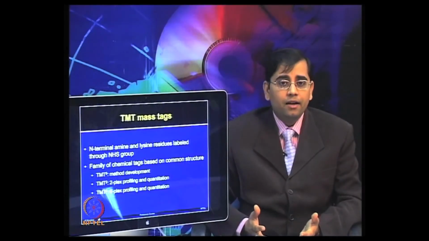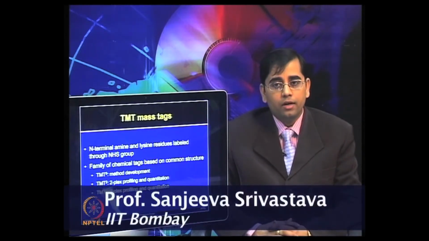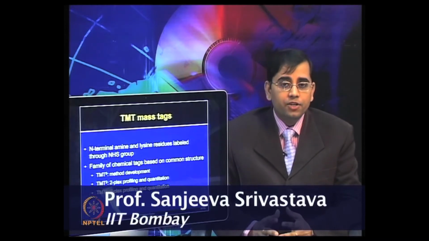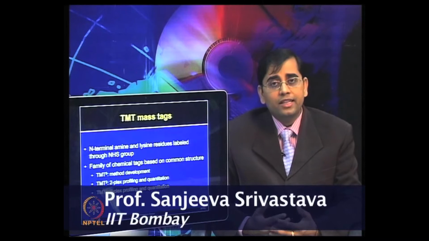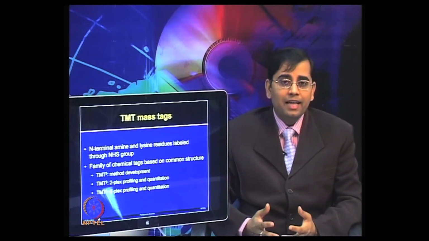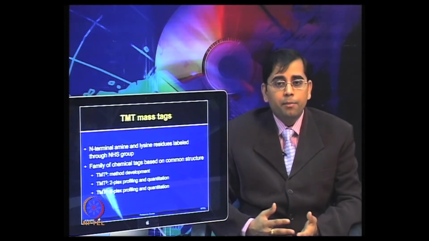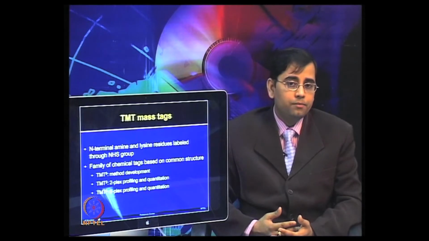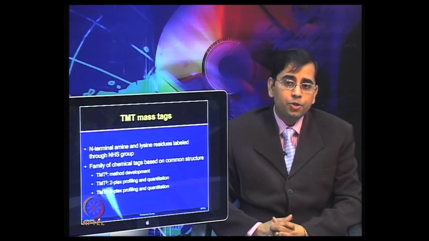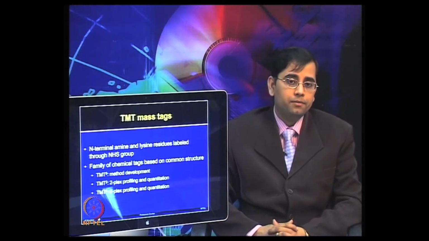So, these TMTs are an innovative set of isobaric mass tags for labeling proteins and peptides at amine functions, and mixing of up to 6 different protein samples is possible. While duplex and 6-plex TMT labels differ by the number of isotopic substitutions, the TMT 0 is a non-isotopically substituted structure that has been produced only for method development.